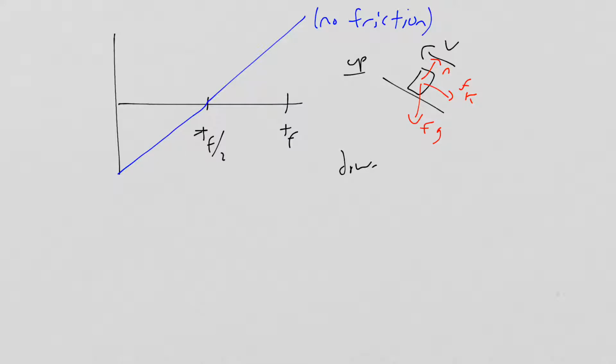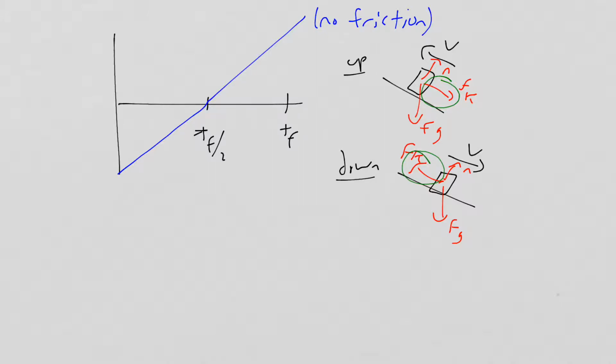But going down the ramp, some stuff changes. Now we're moving this way. Weight and normal force really don't care, but friction changes direction. And so you can see that because of this, F net is different when we go up the ramp versus down the ramp.